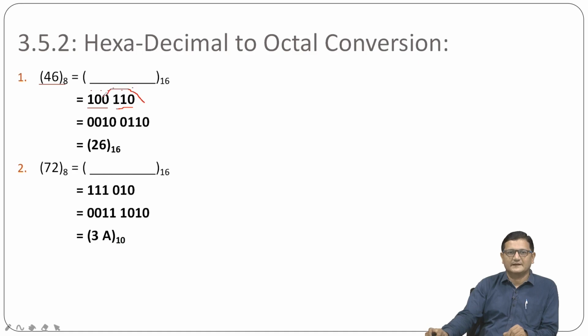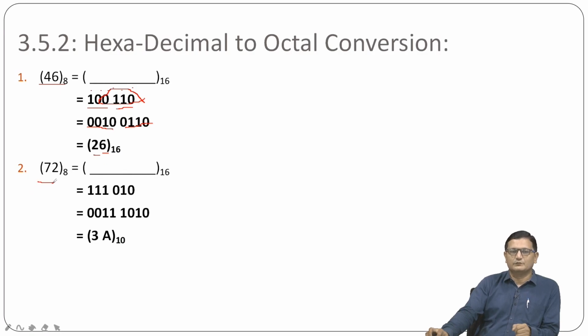I am considering the last 4 bits, which is 0110, and whatever remains, that 10, you write here. Now to complete the pair of 4 bits, we append 2 more zeros, right? Now this is the binary of which hexa digit? It is the binary of hexa digit 2, and this is the binary of hexa digit 6. So 46 octal will be converted into hexadecimal as 26, okay?